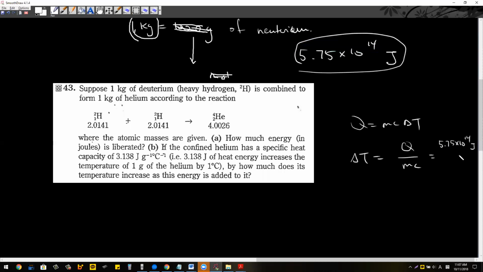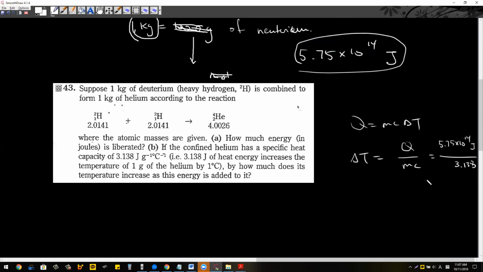That's a lot of energy compared to this one. And the mass of helium, that's what we have to figure out. C is 3.138. So do we just do number of moles is equal to mass over the molar mass?